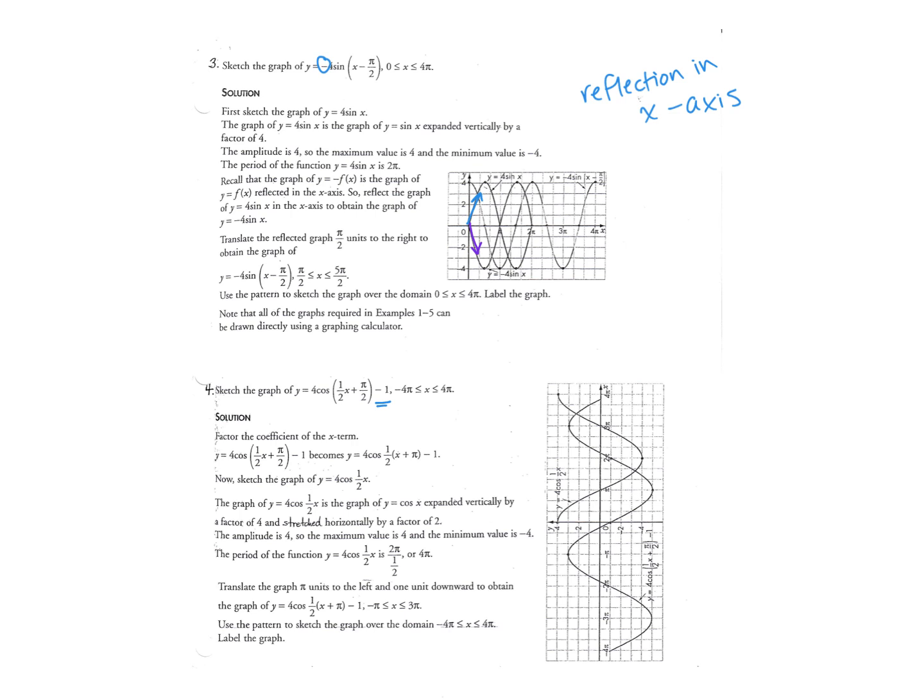Then we should be looking inside of our angle, and we notice we have 1/2 x plus pi/2. The 1/2 is our k value, or our stretch factor, and so we know we have a horizontal stretch by a factor of 2. But you'll notice that before we can do a phase shift, we want the coefficient of x to be a 1.